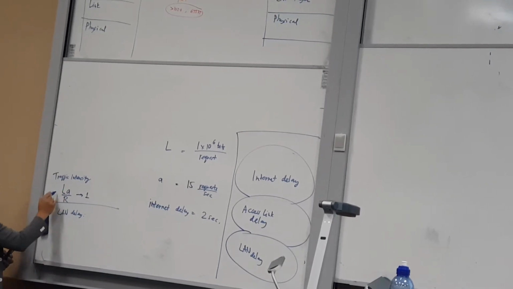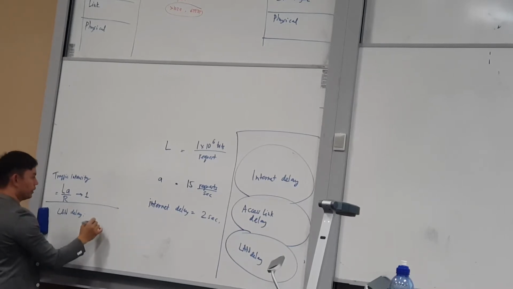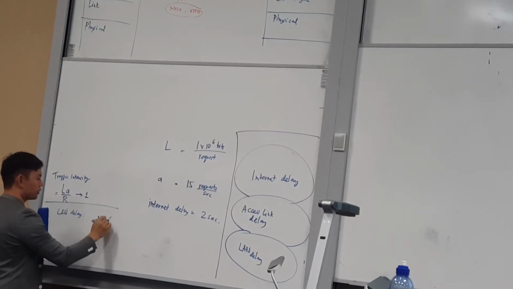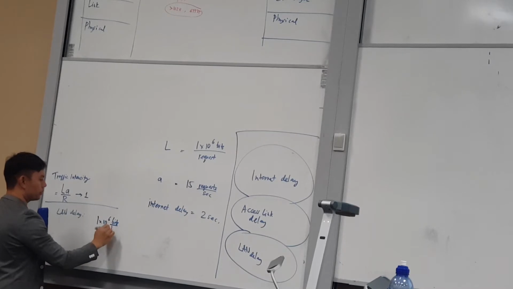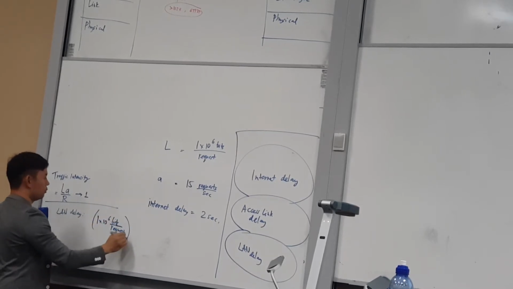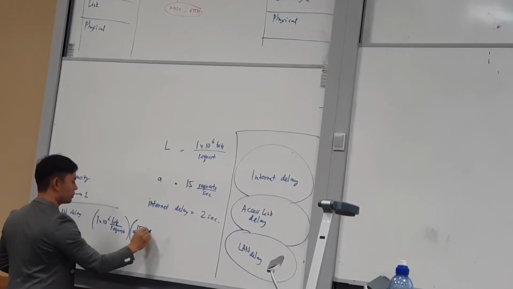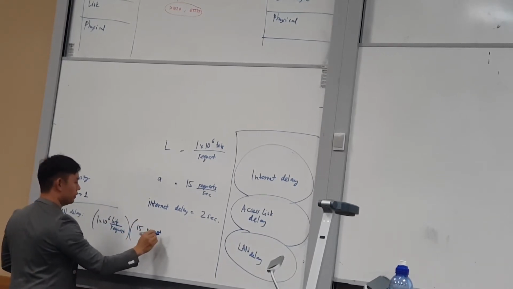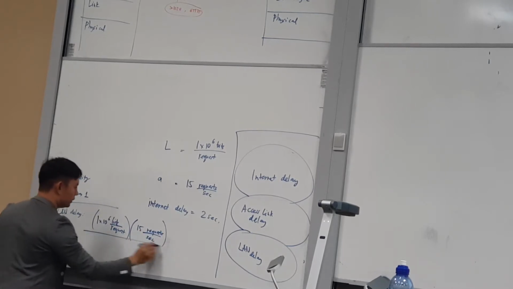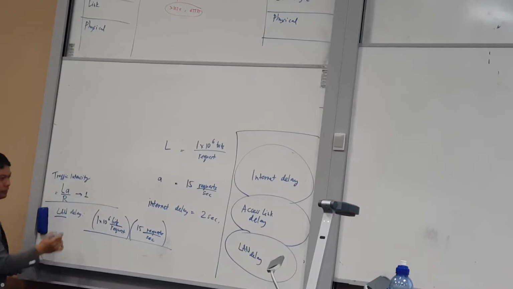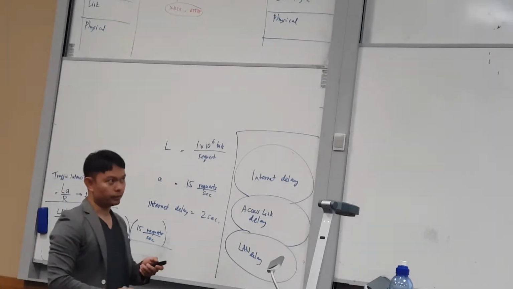So we can substitute all the parameters into this traffic intensity. L is 1 times 10 to the 6 bits per request, multiplied by 15 requests per second. Then for this particular LAN, we know that it is relatively fast.